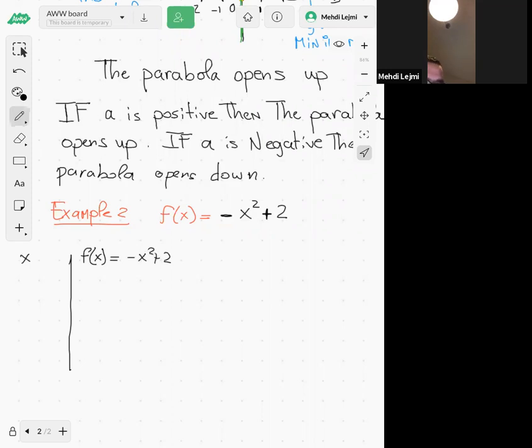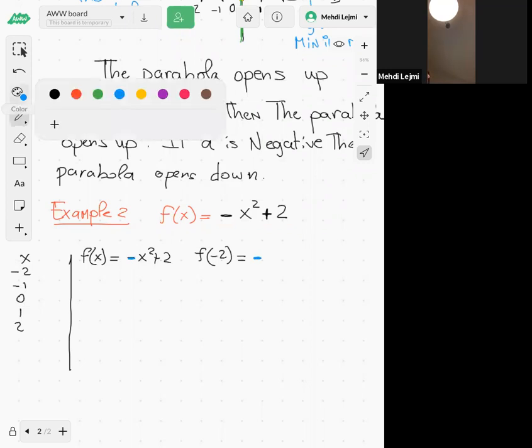If you want to graph this, I'm going to take a couple of points. As usual, -2, -1, 0, 1, 2. So for -2, here be careful, guys. For example, f of -2: first there is this minus x squared, so this is minus first, and then we have this x here.